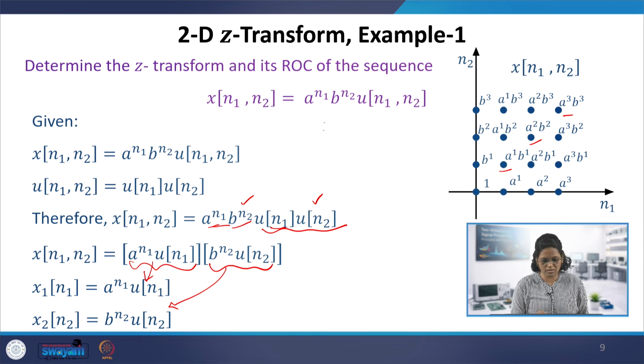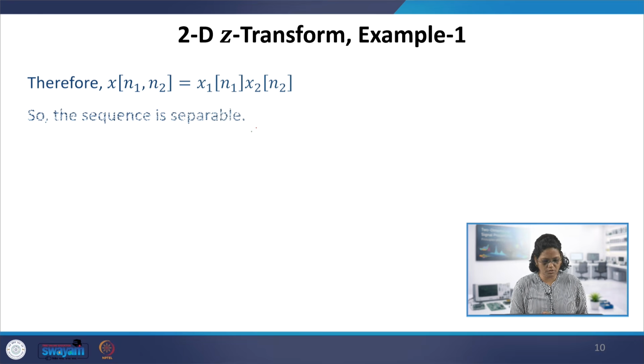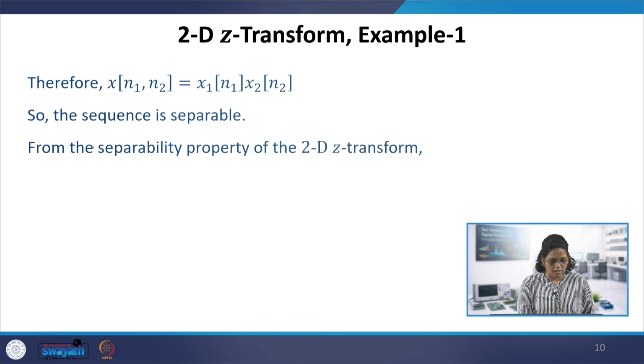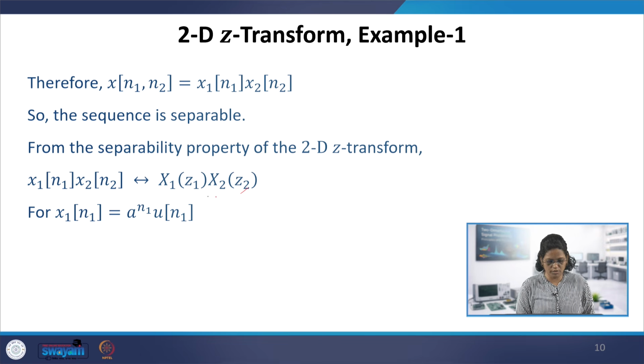So this is a separable sequence, and we can write it as a product of two 1D sequences. Since the sequence is separable, we can easily apply the property of the Z transform: take the Z transform of x1 of n1 and the Z transform of x2 of n2, and the product of these is the Z transform of x of n1 comma n2. So we can apply the separability property and get the product of these two individual transforms.